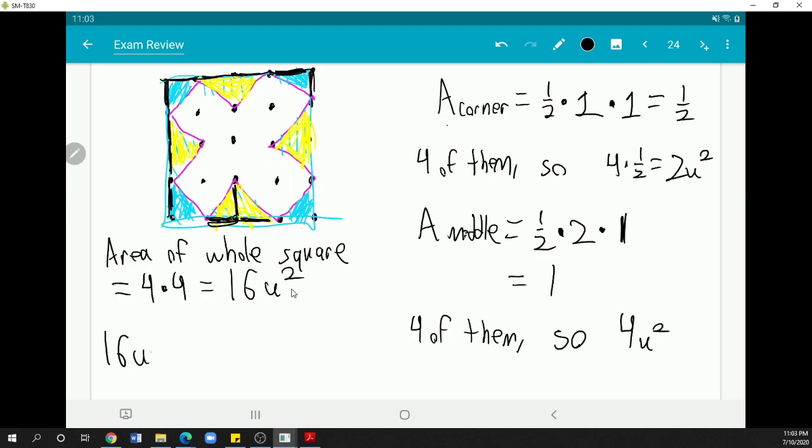So 16 units squared minus the 2 units squared from over here. Those contribute the corners. Minus 4 units squared, which make up these parts, like the middle parts cutting in, gives 10 units squared as our final answer.